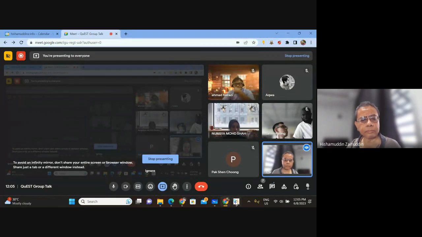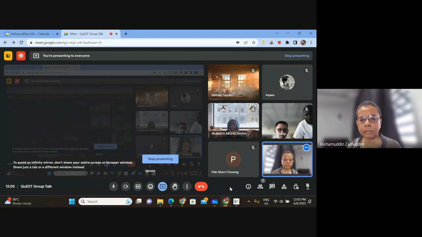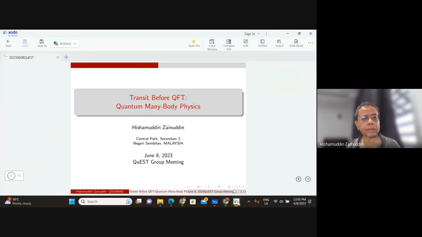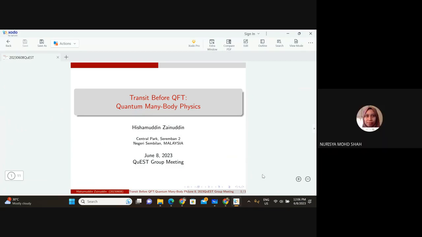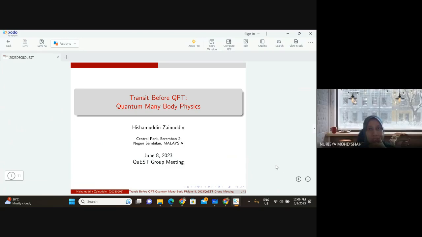Okay, so let me go to the slides. Can you see the slides? Yes. Is it big enough? Because I'm not using Acrobat here because probably I want to annotate. Yeah.